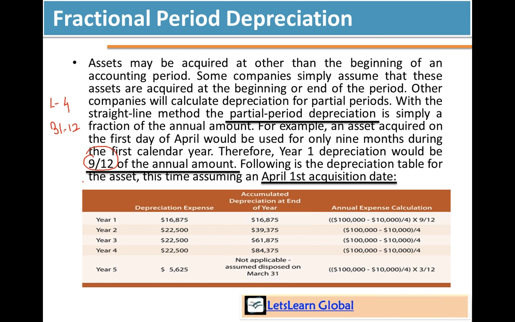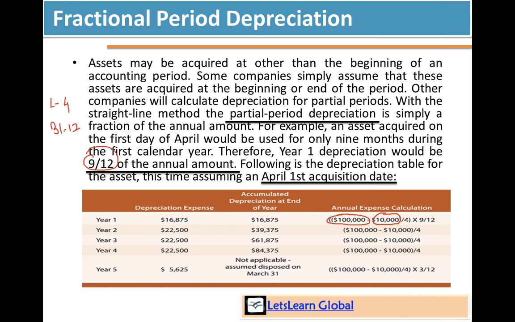9 divided by 12. So the amount of depreciation is to be calculated like this: the cost of the asset is 100,000 and the salvage value is say 10,000, and useful life is say 4 years. 100,000 minus 10,000 divided by 4.